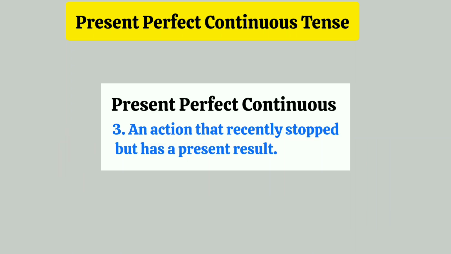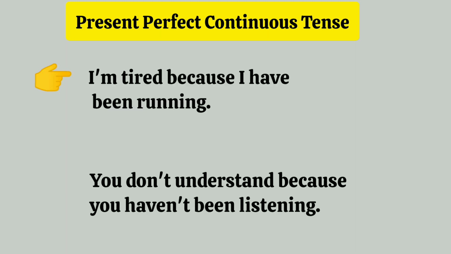Let us move on. The present perfect continuous tense can also be used to talk about an action that recently stopped and has a present result. Let us have a look here. I'm tired because I have been running. Here, the second part of the sentence is using the present perfect continuous tense.